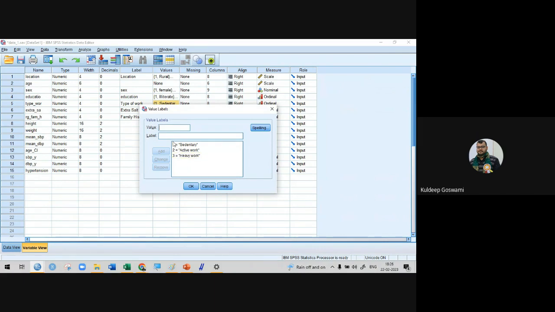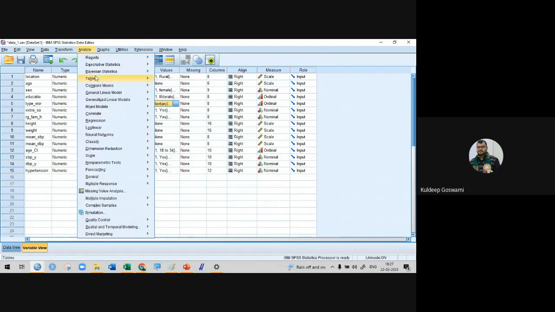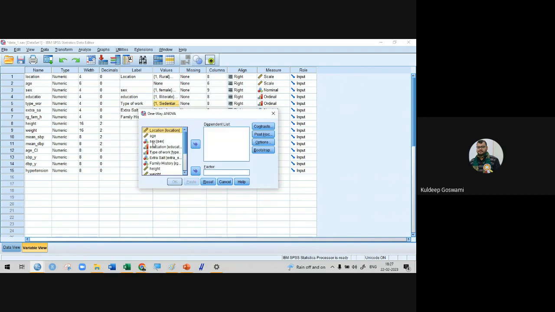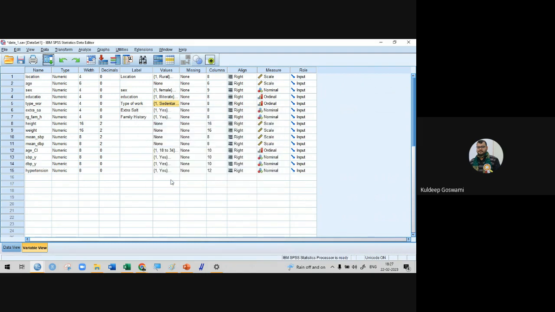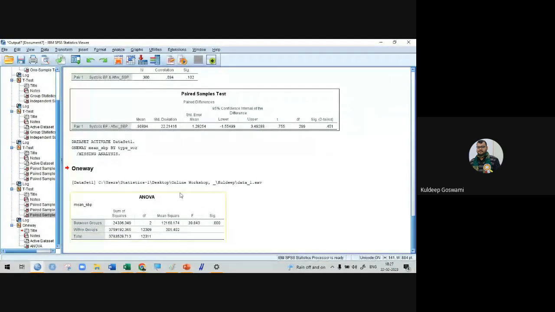Since there are three categories, we are using this for the example. First, systolic blood pressure, then type of work. Press OK, and we will get some results.